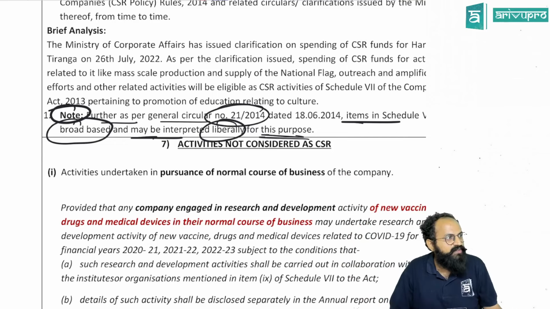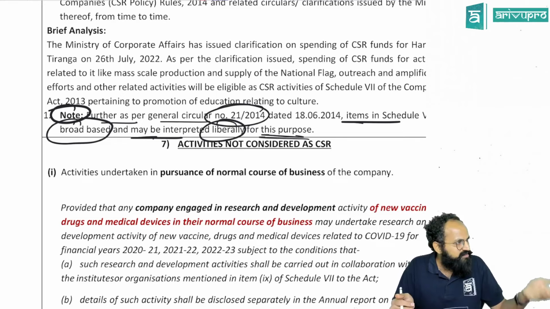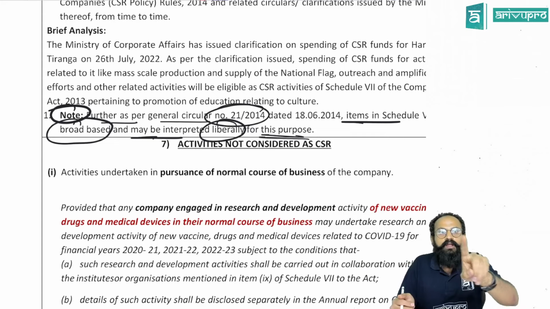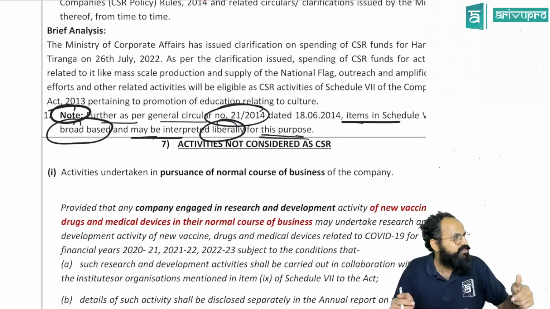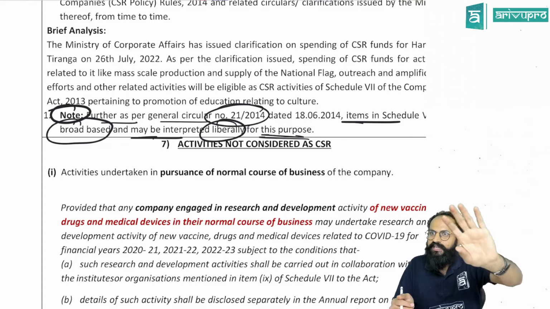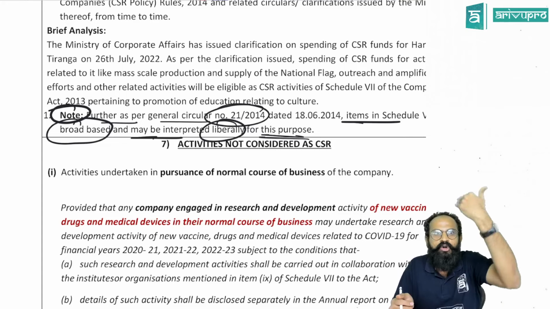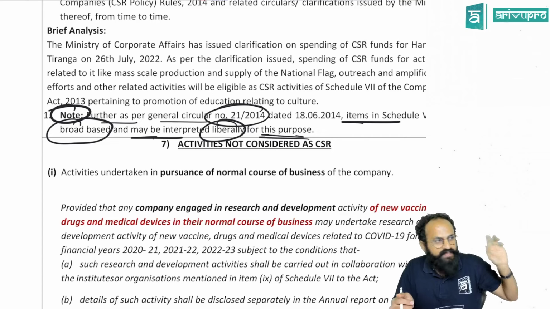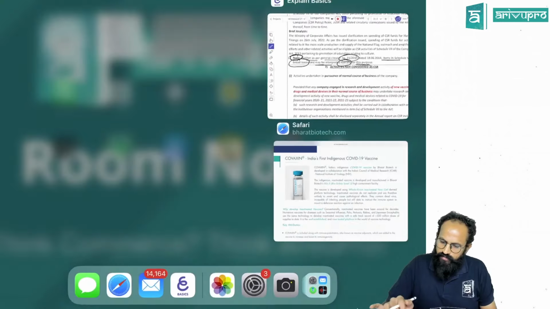Who gave this clarification also? MCA only gave. When, sir? 2021. Sir, then which one should we consider? Obviously, whichever is recent you will consider. So in 2021, they are telling you people, there cannot be liberal construction. Whatever the lawmaker is telling, Schedule 7, you have to spend money only on that.